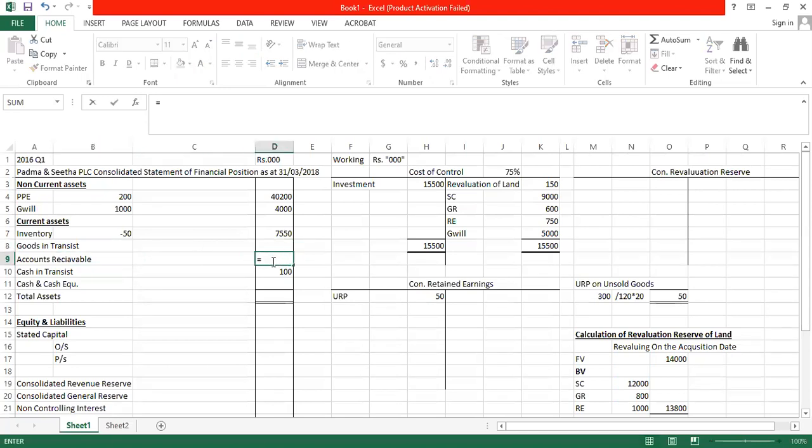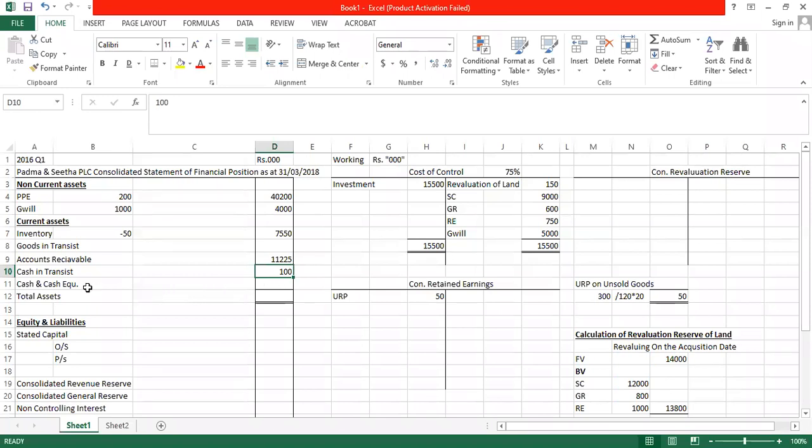Account receivable, we have to add, there is no adjustment, so you can easily add both: 7,250 plus 3,975. It's 11,225. It's okay. Then current account, we adjust it.